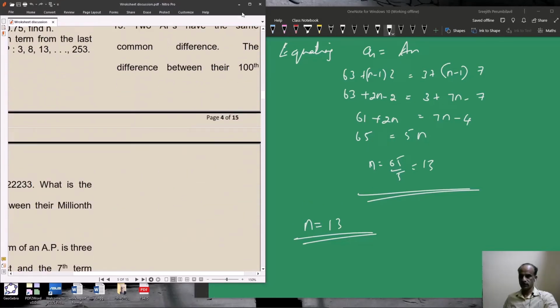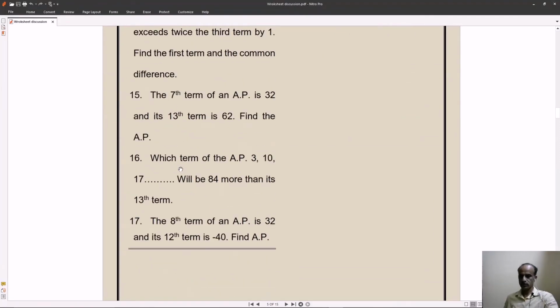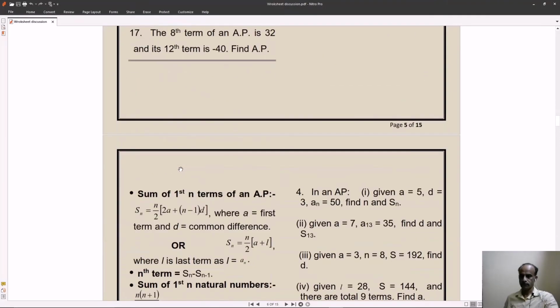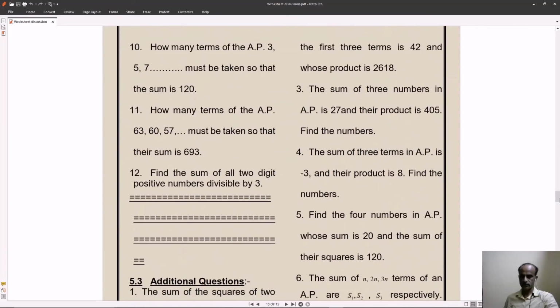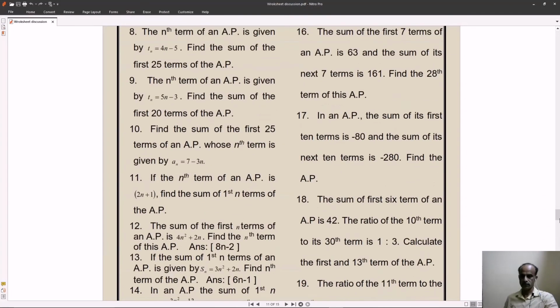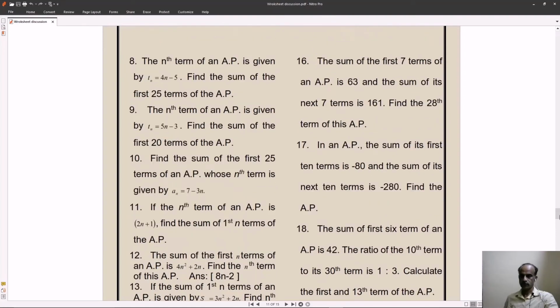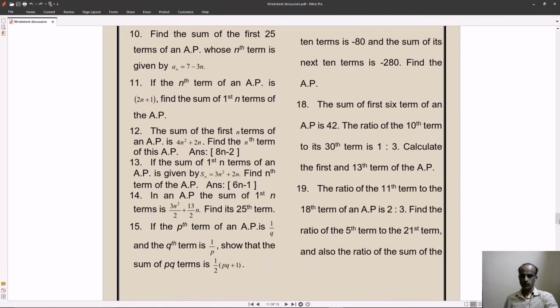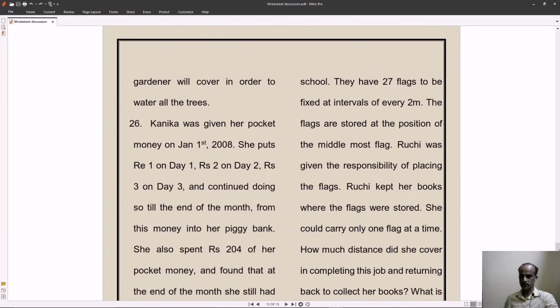There should be somewhere this question will be. Let us go through. Two APs, it's not seen, maybe somewhere there.